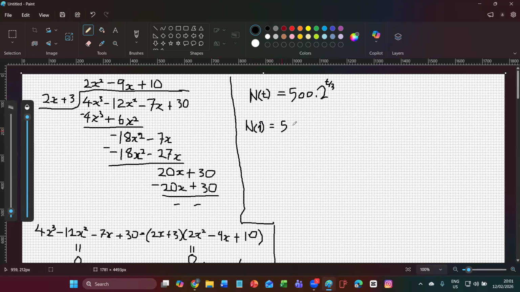500 times 2 raised to the power of 1 over 3.